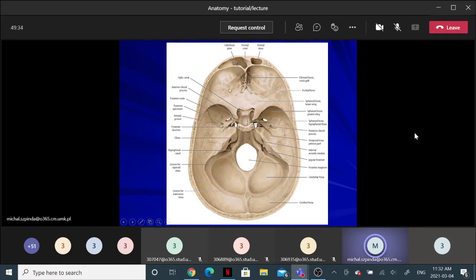Can we see any foramina in orbital parts of the frontal bone? No foramina there. The only foramina refer to this area because the cribriform plate is perforated by numerous foramina, some 30, 40 foramina on either side.